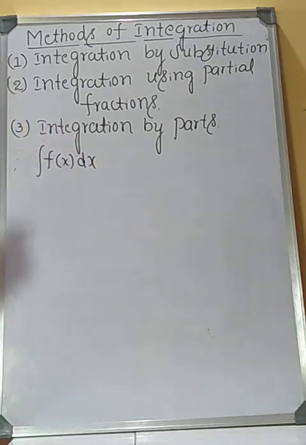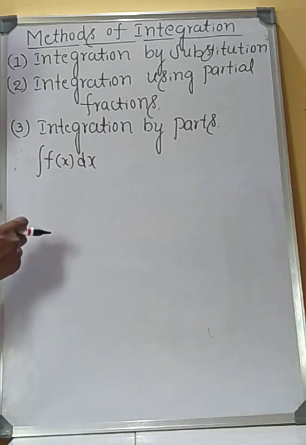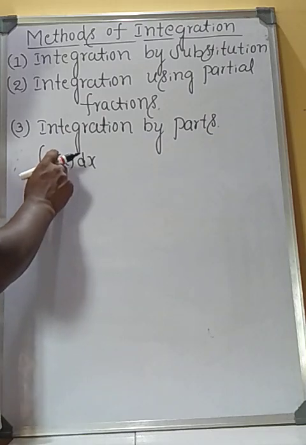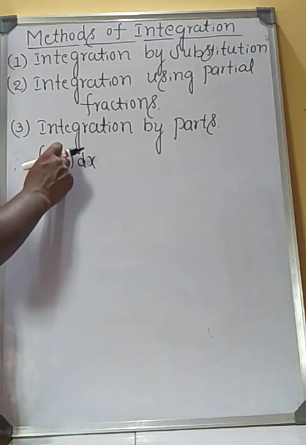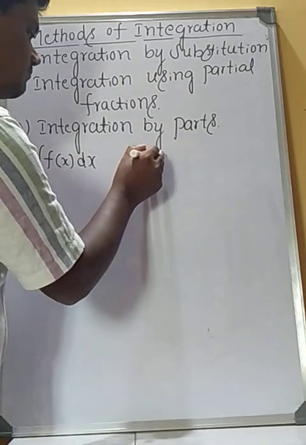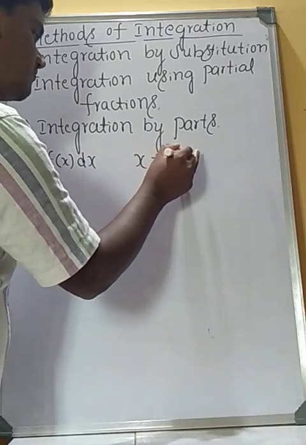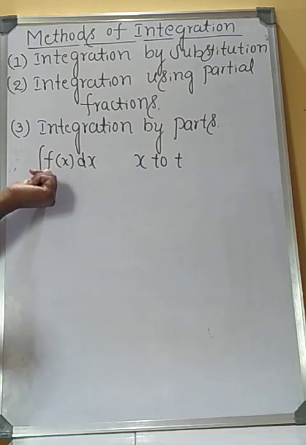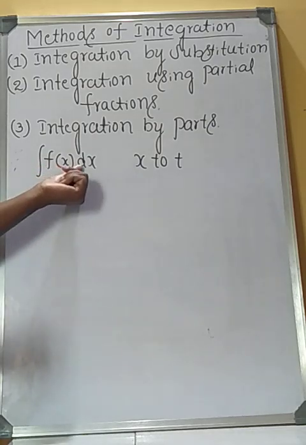This is the given integral. This integral can be transformed into another form by changing the independent variable x to t.